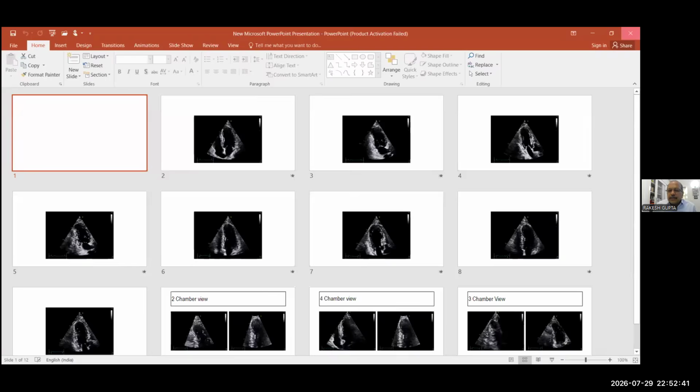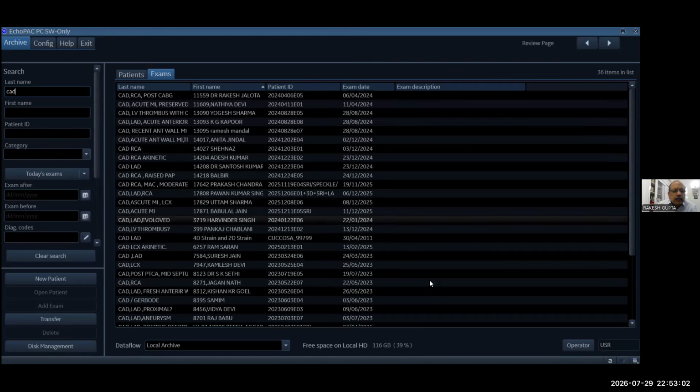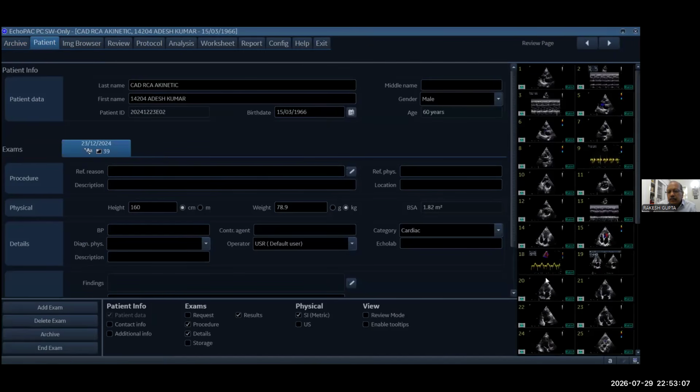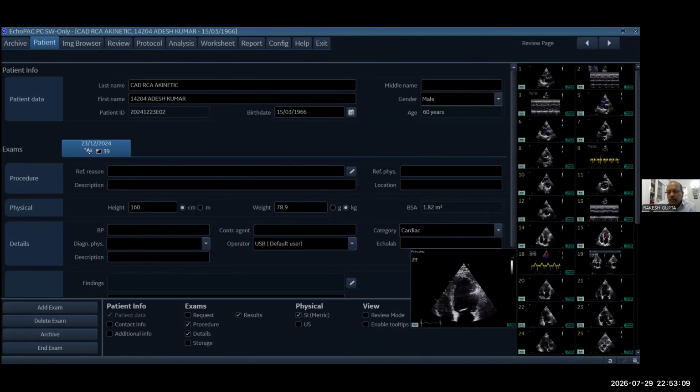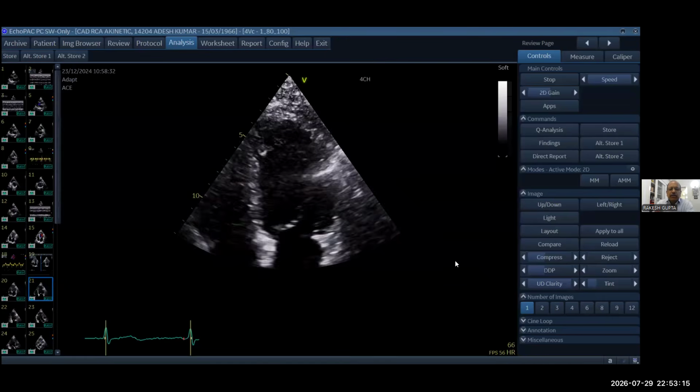That is not good for your visualization. Let's stop it over here. Let's see what is the wall motion abnormality in this.